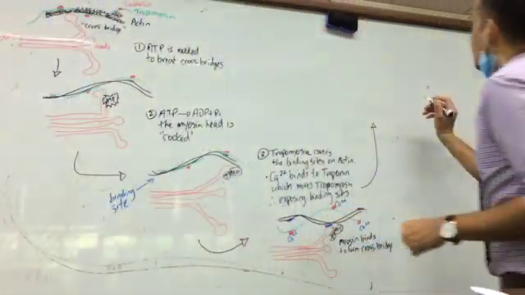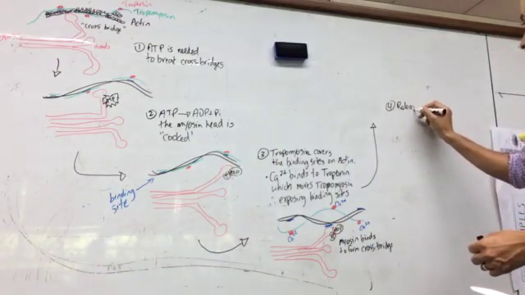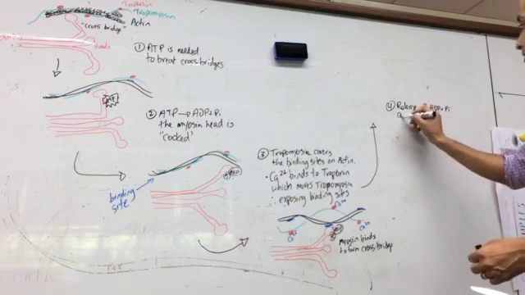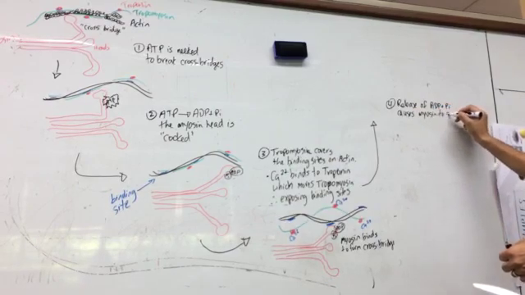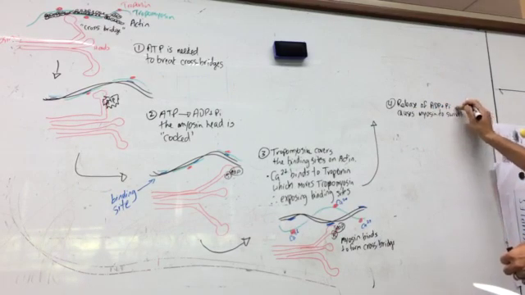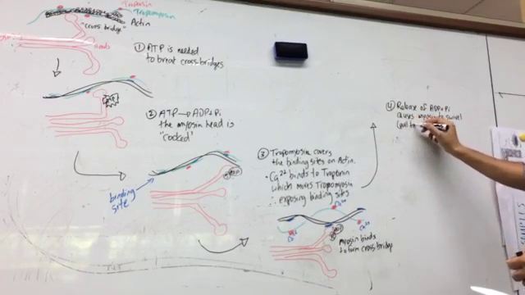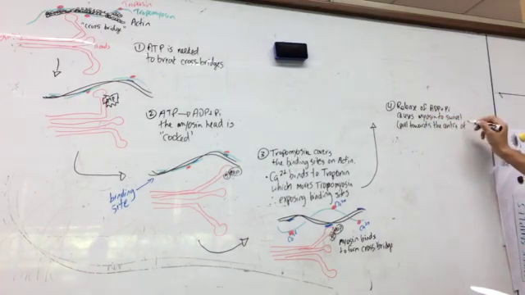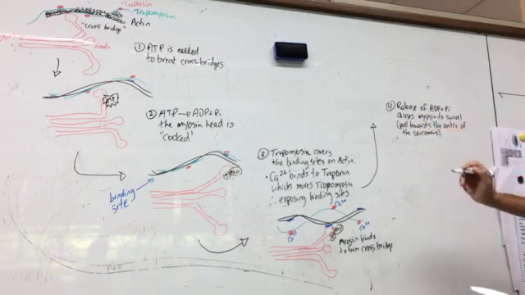So we can say the release of ADP and Pi causes the myosin head to swivel and pull towards the center of the sarcomere.